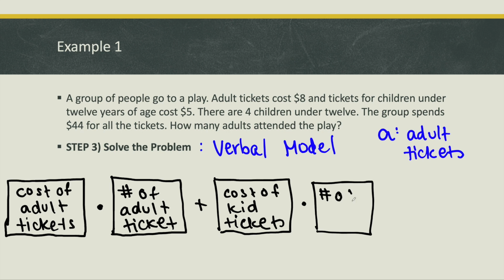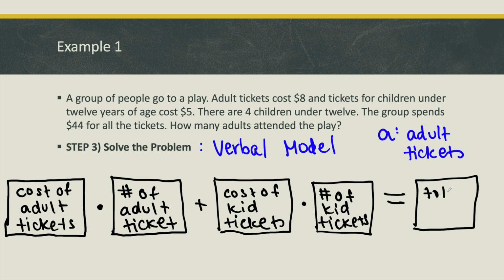Number of kid tickets. And then all of this must add up to our total cost. Total cost. So here, let me just put these parentheses too. This tells us what we have to do and write in our equation.